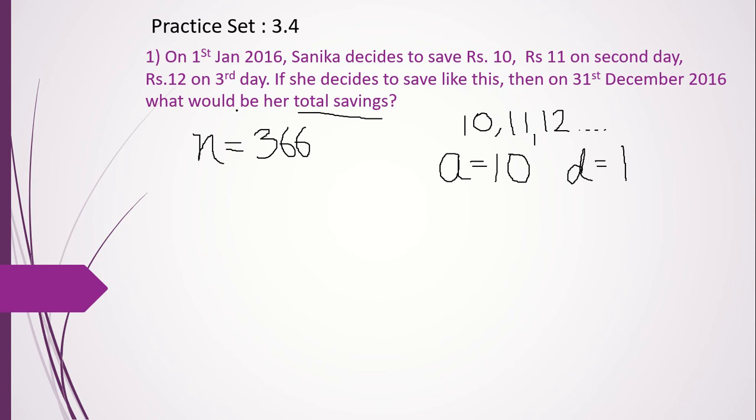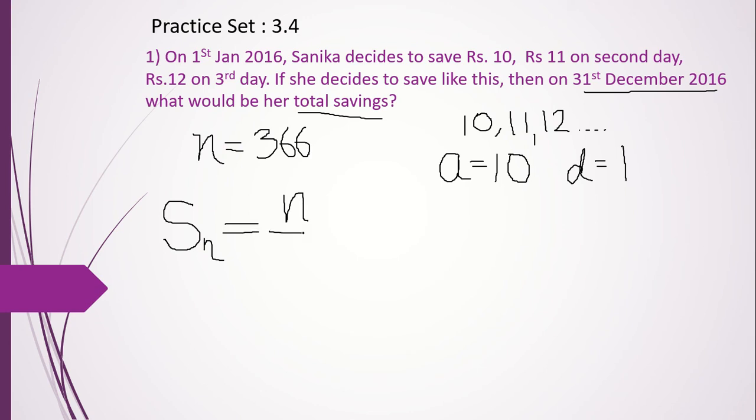Now we have to find the sum of savings of all these 366 days, this 10, 11, 12, like this we will go on doing till 31st December 2016. So like this we get a series of 366 numbers. So we have to take the sum of these 366 numbers, and the sum will be given by the formula Sn. I hope you all remember the formula.